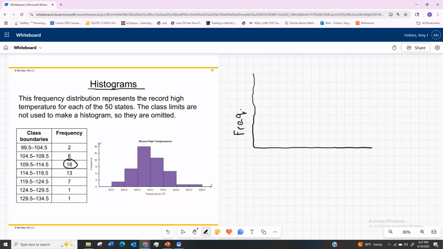And so you pick a reasonable number. Now they picked 3s. I'm going to go ahead and pick 2s, just so you can see that it really doesn't matter. But somehow we need to label this y-axis so it gets up to at least 18. So I'm going to label mine with 2s. So we have 2, 4, 6, 8, 10, 12, 14, 16, 18.